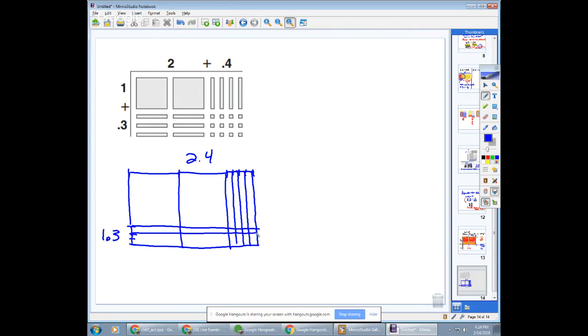And if you think about our toys, I can see all of the flats, I can see all of the longs, and I can see all of the units. So I see, let's see, 2 wholes and 4/10 in the first row.